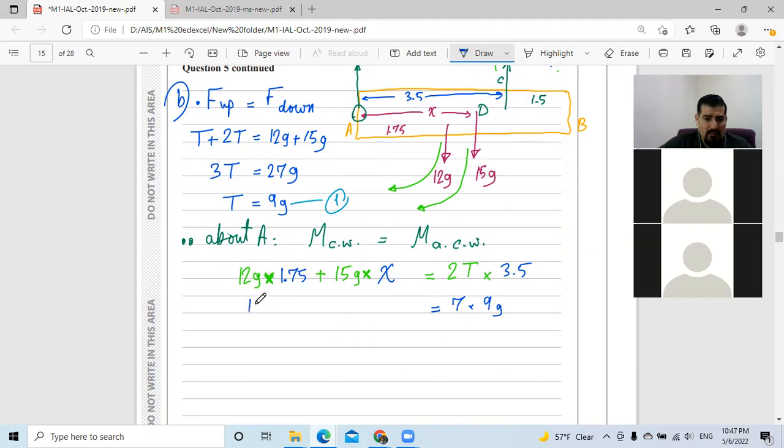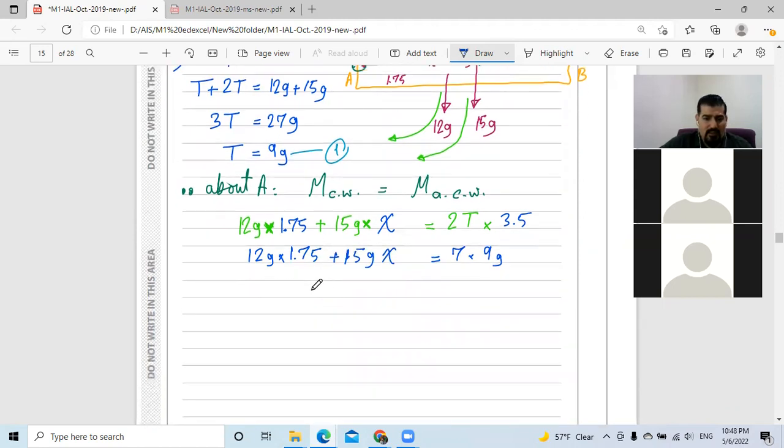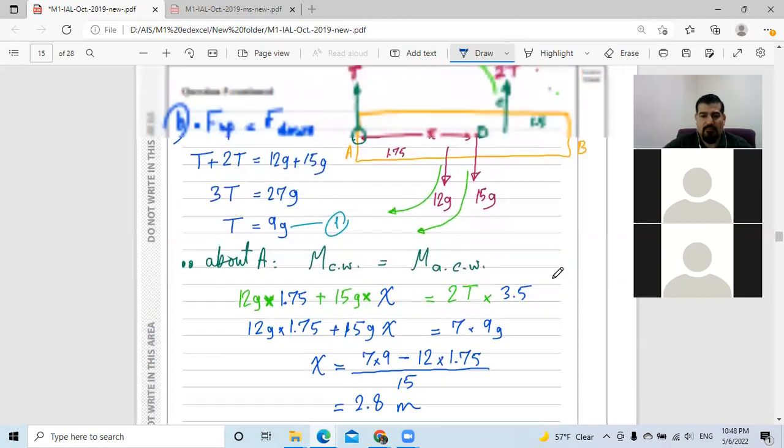And here it will be 12g times 1.75 plus 15g multiplied by x. That means x will be equal to 7 times 9, you can cancel g with g, 7 times 9 minus 12 times 1.75, all divided by 15. And by using the calculator, the answer is 2.8 meters.